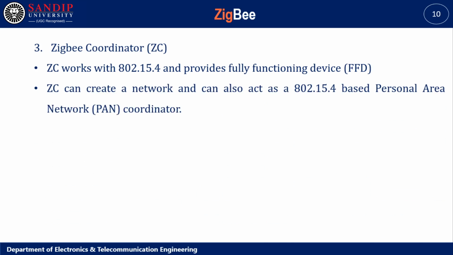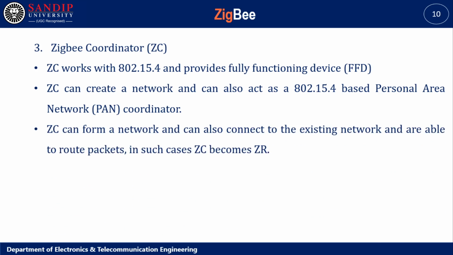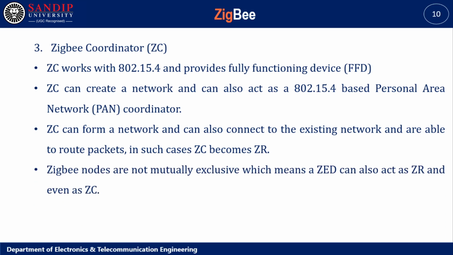ZC can create a network and can also act as a 802.15.4 based personal area network, that is PAN coordinator. ZC can form a network and can also connect to the existing network and are able to route packets. In such cases, ZC becomes the ZR. ZigBee nodes are not mutually exclusive, which means ZED can also act as ZR and even as a ZC.